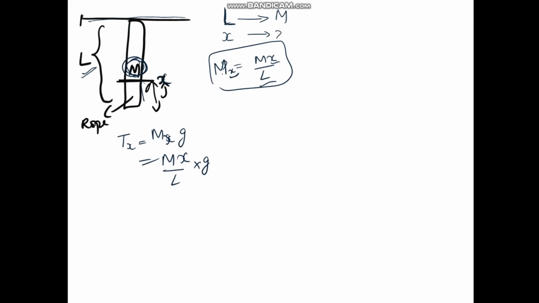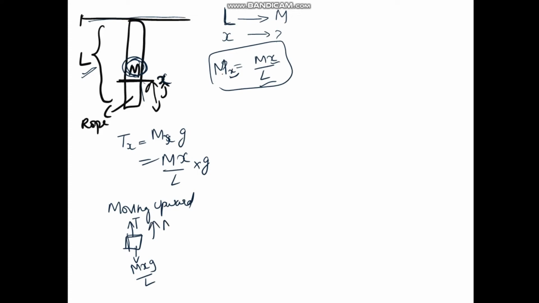Suppose the system is moving upwards. Then this is the rope, tension is in the upward direction, and gravitational force, that is mxg by L, is in the downward direction.